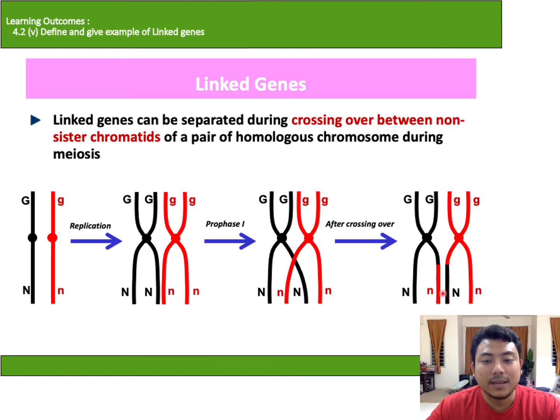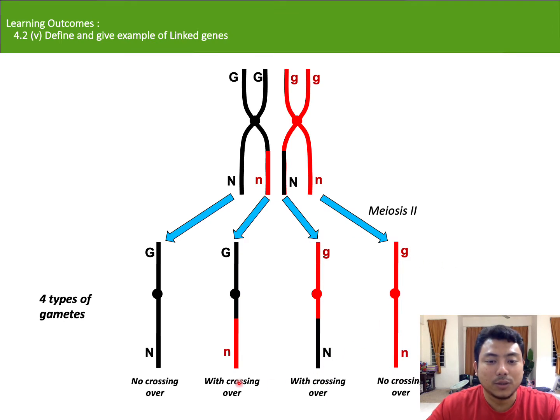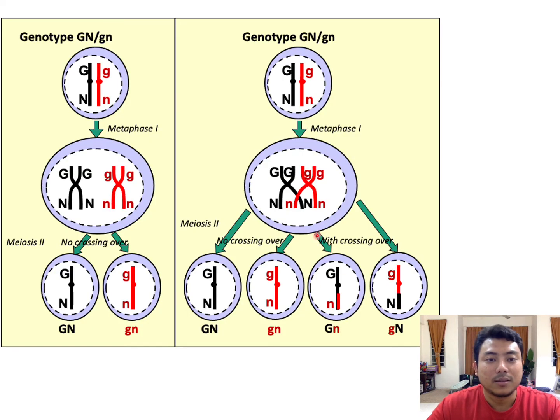So you end up with different combinations of chromosome. In the case without crossing over, you will maintain capital G, capital N, small g, small n. But with crossing over, it produces new recombinant chromosomes, i.e. new combinations of chromosome.